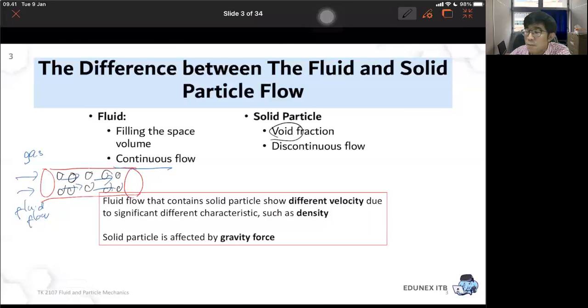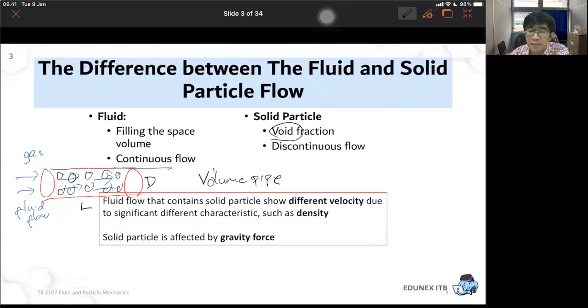For example, you have the pipe length L and the pipe diameter D, then you will have V, right? You can calculate the volume of the pipe. If you have no particles, then the gas will be flowing through all the volume of the pipe.